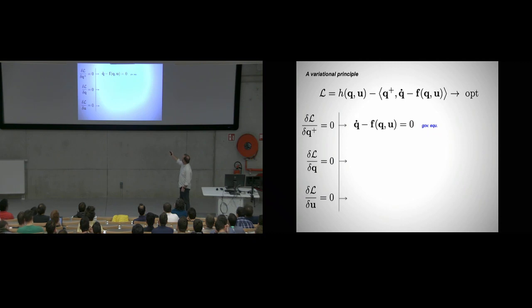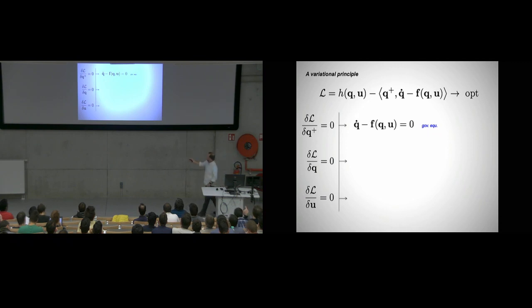So this whole thing acts just like a coefficient. Taking the derivative with respect to Q plus is just this coefficient, which is a function all by itself, and sure enough, it's the function that we had in the beginning. So nothing is learned at that moment. This is just bringing back the governing equations and saying, you have to satisfy that. We knew that.